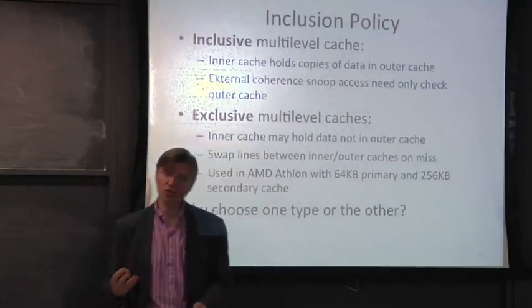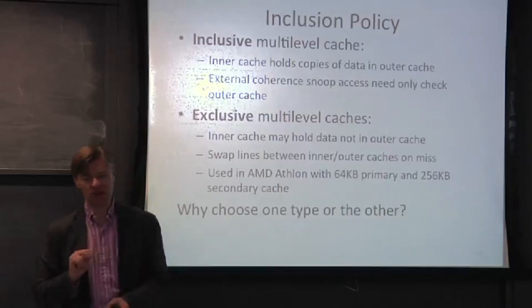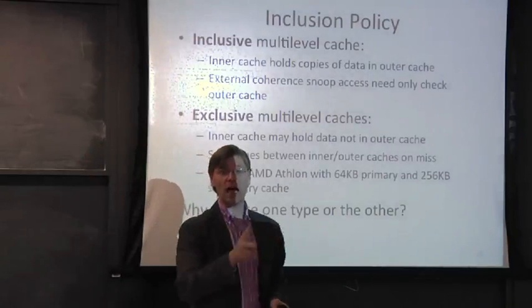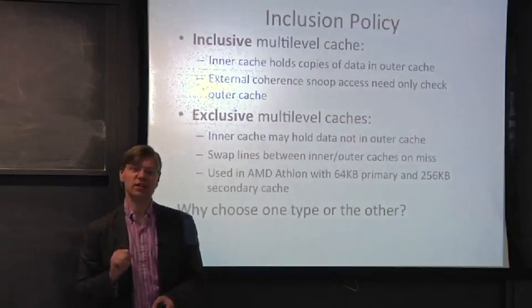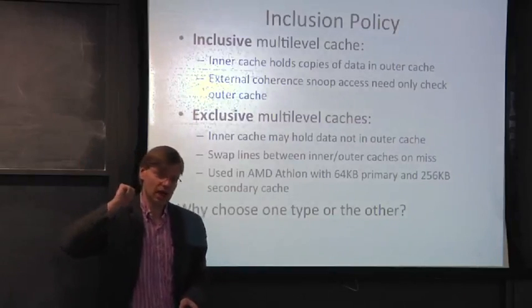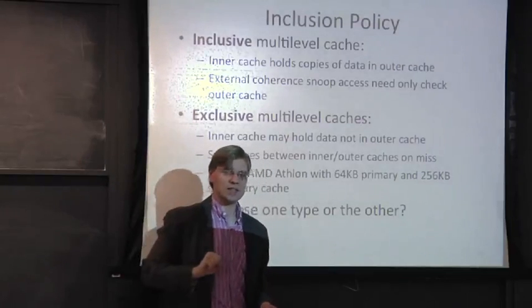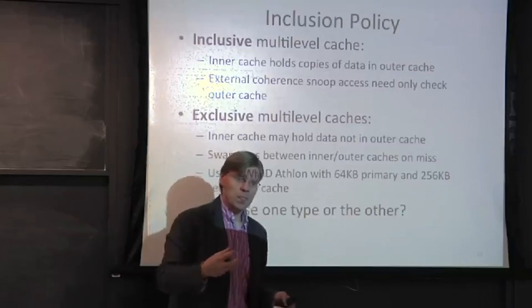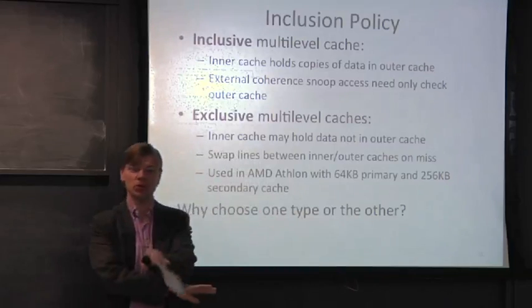So in exclusive caches, there's typically a swap operation that occurs. You're actually going to swap lines between the lower level and the higher level cache when you move data. The higher level cache, or the farther away cache from the processor, is going to access main memory and bring the line into itself. And then when the level 1 cache goes to bring it in, you're actually going to swap two lines.